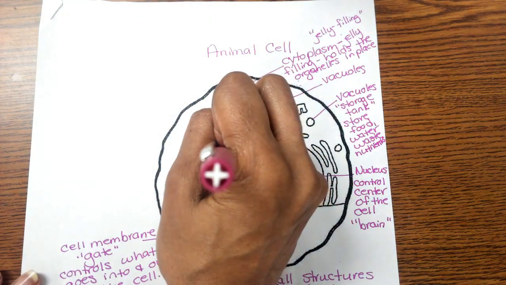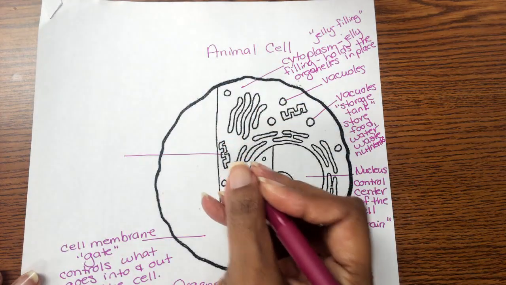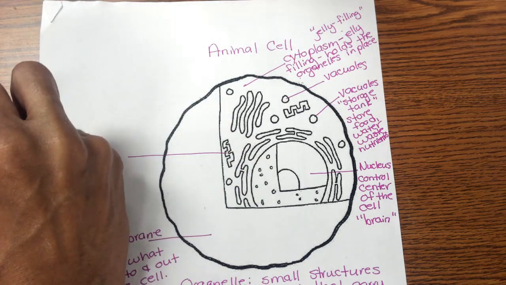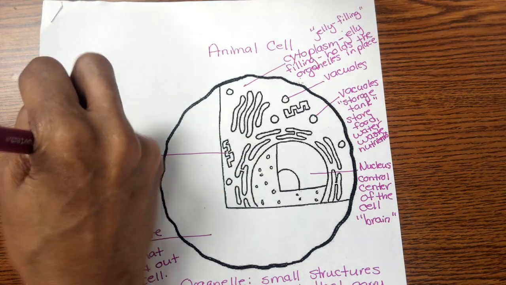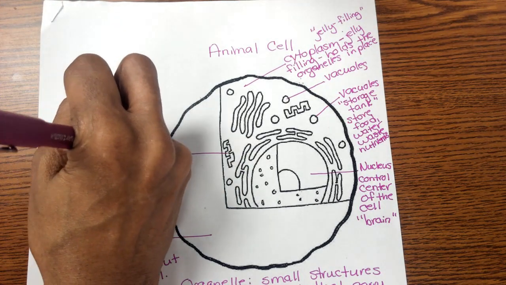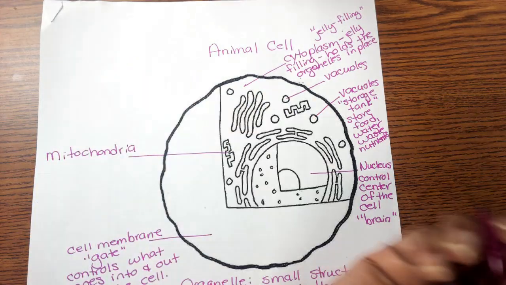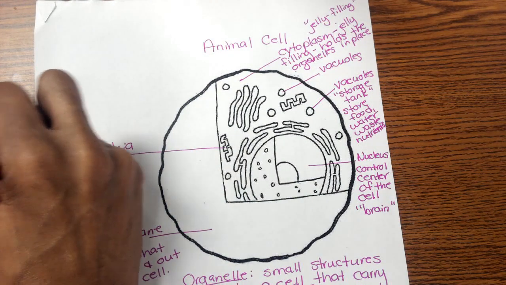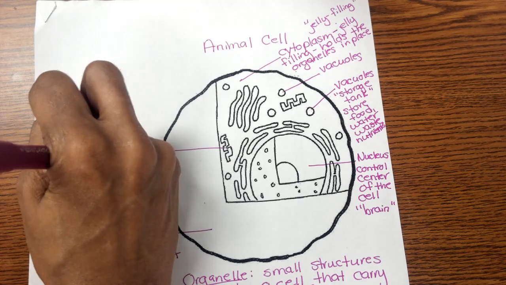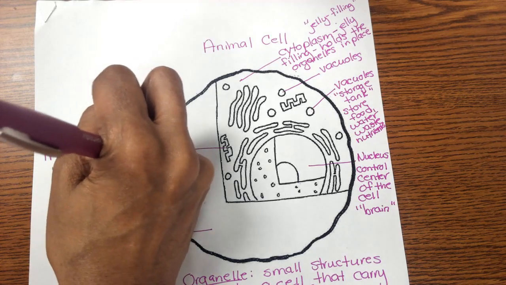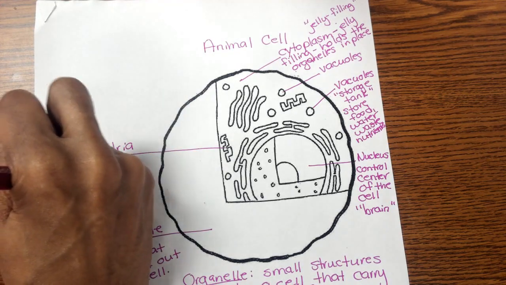All right, these little zigzag things right here, this is your mitochondria. And we can say this is the powerhouse or power plant.